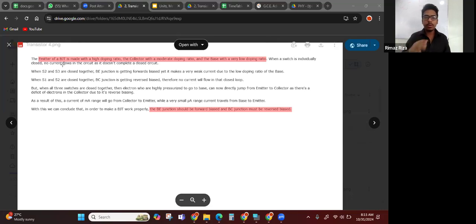Either NPN or PNP, the emitter is high doping ratio, the collector moderate doping ratio, and the base very low doping ratio. And the BE junction should be forward biased, and the BC junction must be reverse biased.